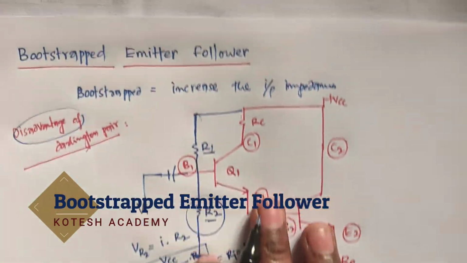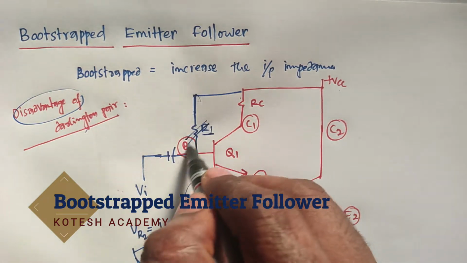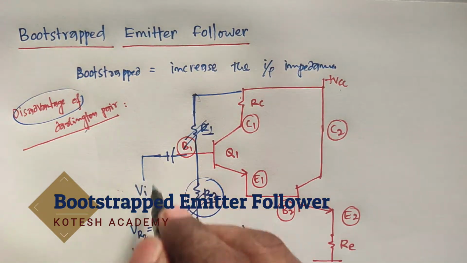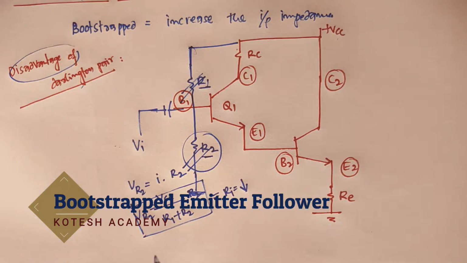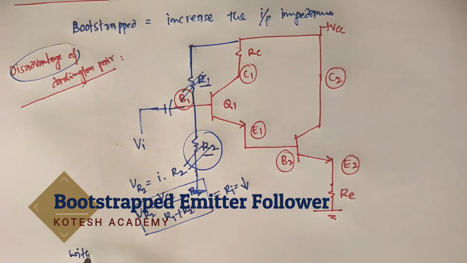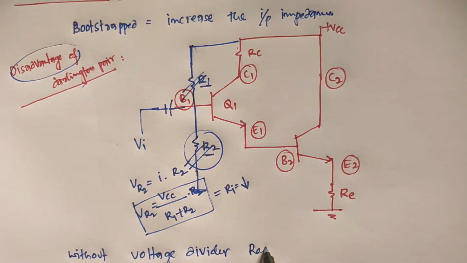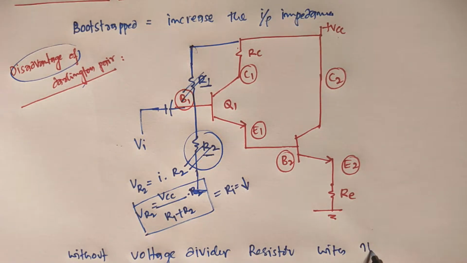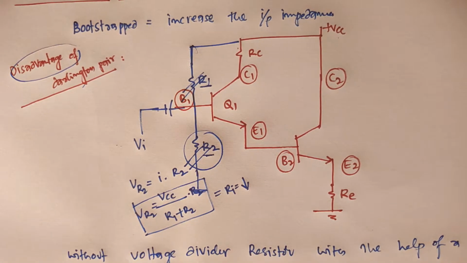So this problem is avoided with the help of the bootstrapped emitter follower. Without using R1 and R2, the voltage divider resistors, we have to increase the input impedance with the help of a capacitor.